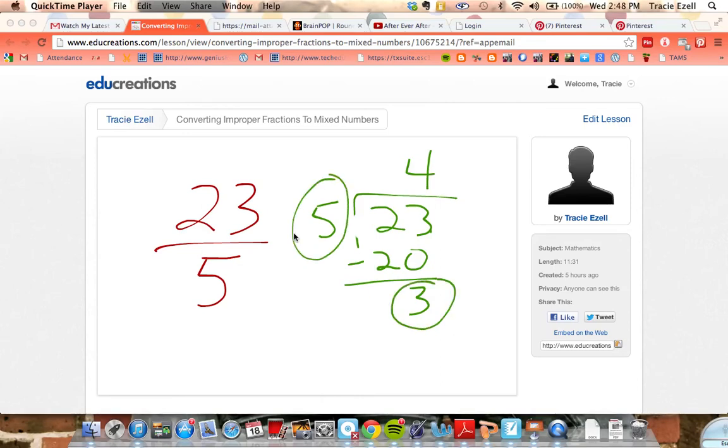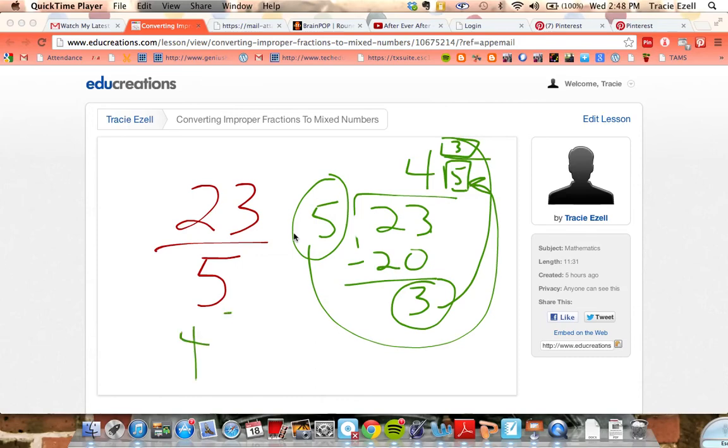If you remember, I talk about it like a refrigerator. This number goes in the top of the refrigerator, and this number goes in the bottom. So the answer would be 4 3/5.